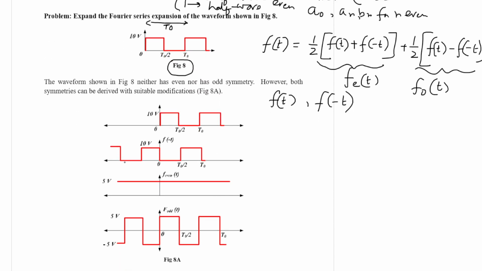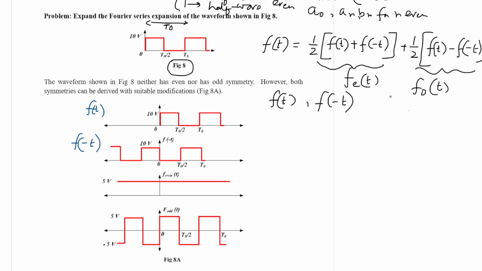So it is illustrated that in the first figure, it is actually the diagram of ft. And in the second diagram, it is actually the diagram of f of minus t. Just we reverse the time axis.